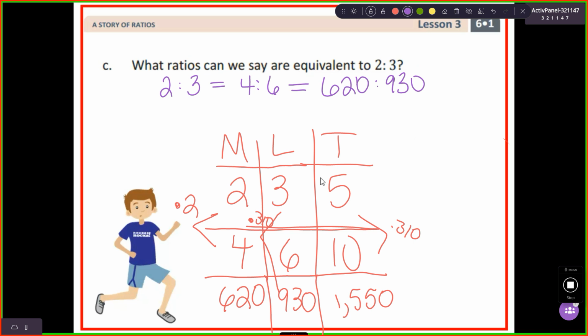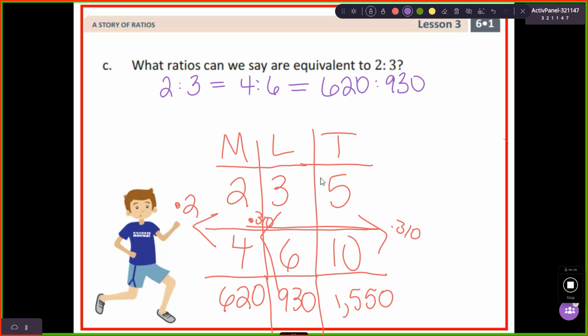You see why tables are going to be your best friend, because we got down to part C, and if you didn't have that word there, you would have to start creating more equivalent what? Fractions. And another word for that is equivalent ratios. And we already have it there on our table.